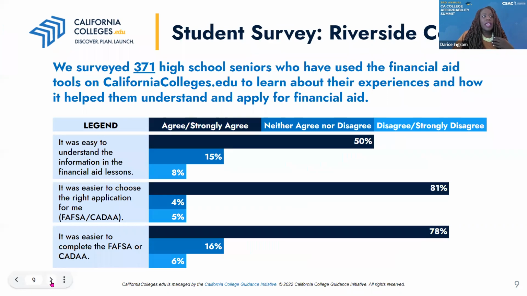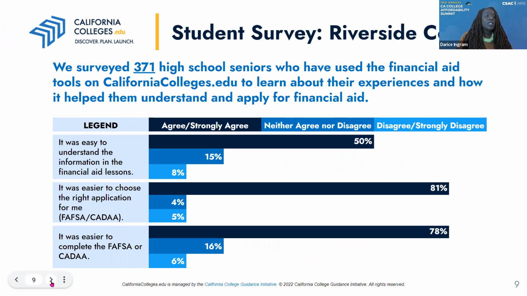For students, we asked them if it was easier to choose the right application for them. Like, how do they know if they should be using the FAFSA or the California Dream Act application? 81% of the students said that it was easier for them to choose, right?